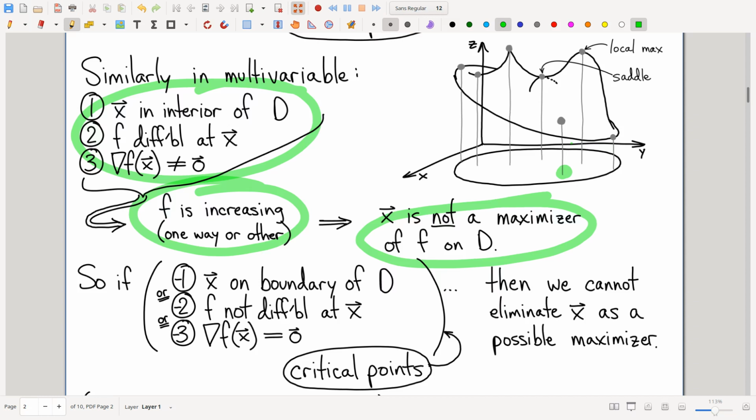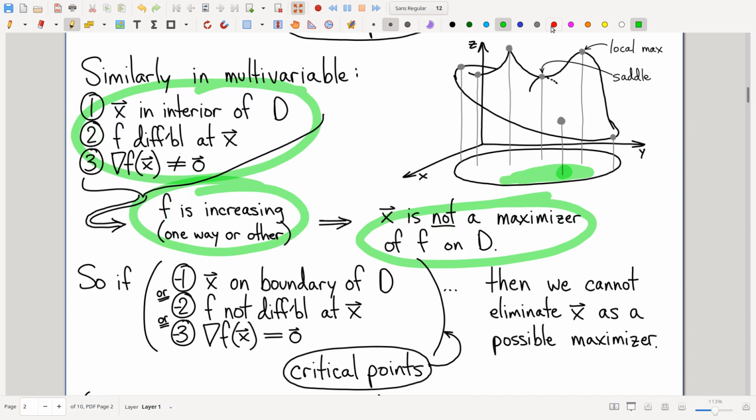So presumably, the gradient not being 0, that means that, in fact, the function is literally increasing as I move toward the middle. So that can't possibly be a maximizer. And again, this applies to most of the points in the domain. I'm not going to fill in the whole thing. It would take me too long. But most of the points in the domain, these three conditions apply.